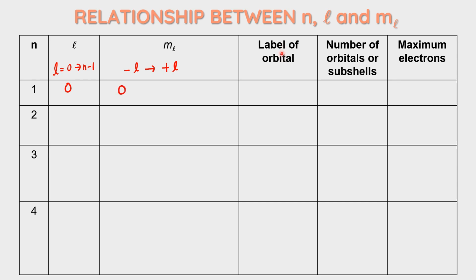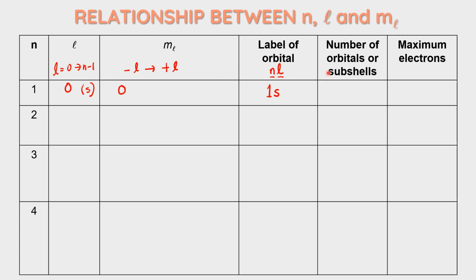And since here we have the value of l is 0, so the ml value also will be 0. To get the label of this orbital, you have to consider the value of n and l. So here we have n is 1, l is 0. If you still remember, l equals 0 is the symbol for s orbital. So the label of orbital here will be n l, which is 1s. Okay, how many numbers of orbitals or subshells in 1s?